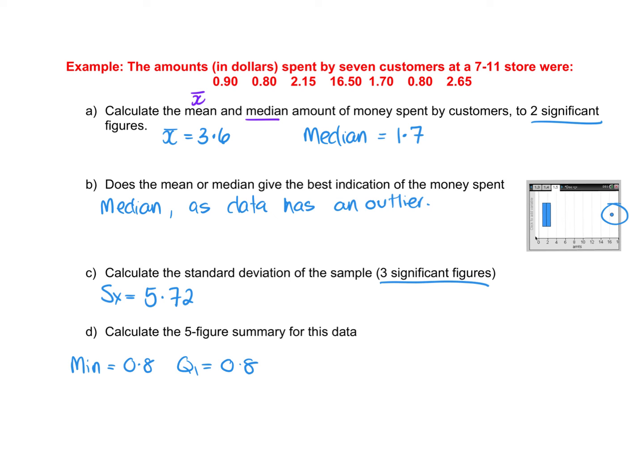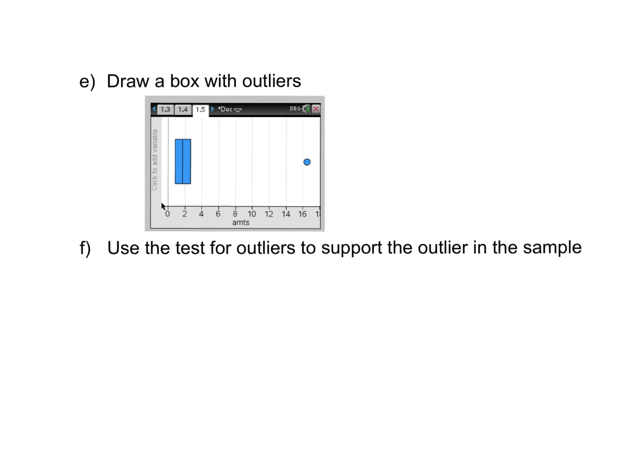You did have Q1 the same as the minimum value, so there's no whisker there, and you can have box plots like that, which is probably why we put this type of data there, so that you know it's possible to have that. So the median was 1.7, Q3 was 2.65 and the maximum was $16.50.